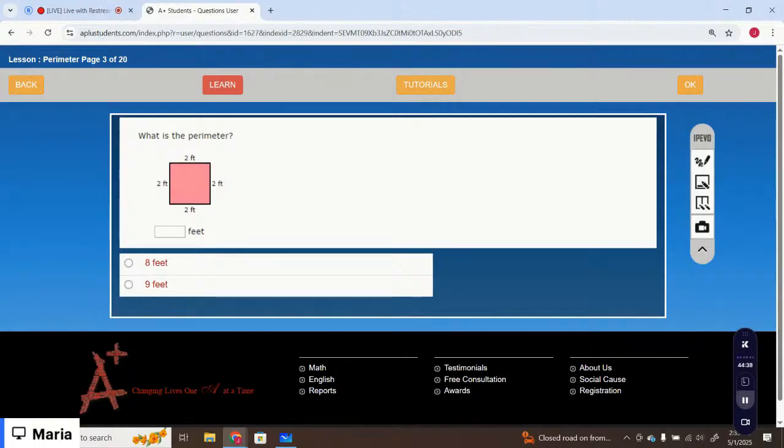Option number 1 is the correct option. That is 8 feet.